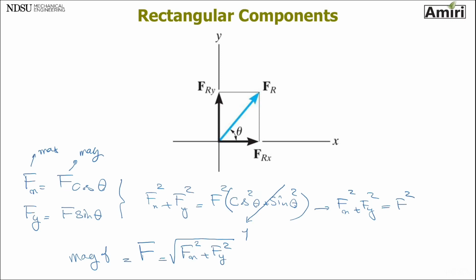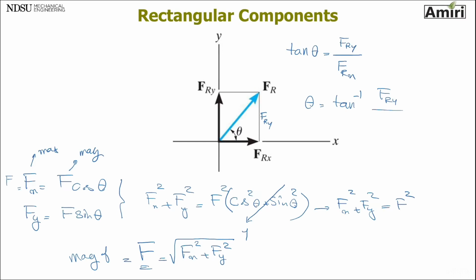And if someone asks you, if I have fx of this much and fy of this much, what is the angle that vector f is going to make with the axis? All you have to do is look in this triangle right here. Tangent of theta is fy over fx. So the angle theta is tangent inverse of fy over fx.